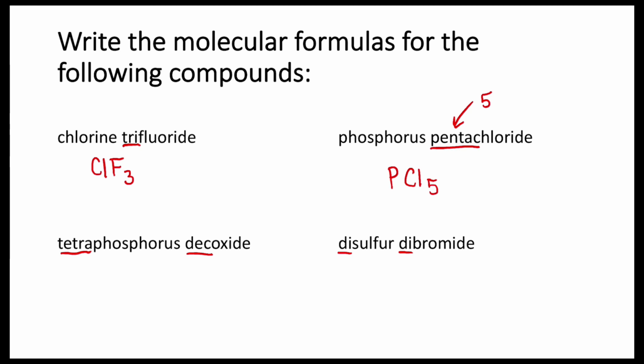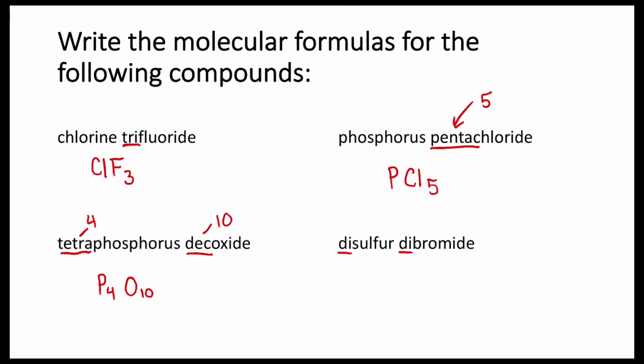Tetraphosphorus, so tetra is 4. Deca, that's dec, is 10. So we have 4 phosphorus, so P4, and then oxygen, symbol O, we have 10. We are not reducing these as these prefixes give a specific name to the compound, so do not reduce when you have 2 nonmetals.